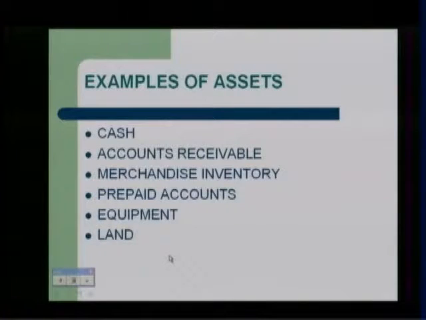So those first four things on that list, cash, accounts receivable, merchandise inventory, and prepaid accounts, are all current assets. The other two on there, equipment and land, are long-term assets. They're still things that the firm has that have value to the firm. They will be using them, but they will not have used them up in the next year.